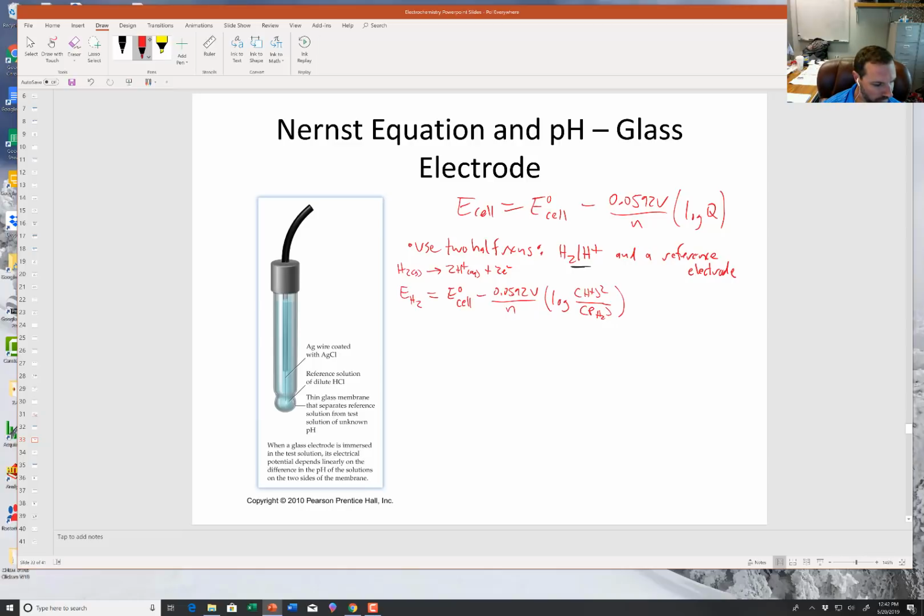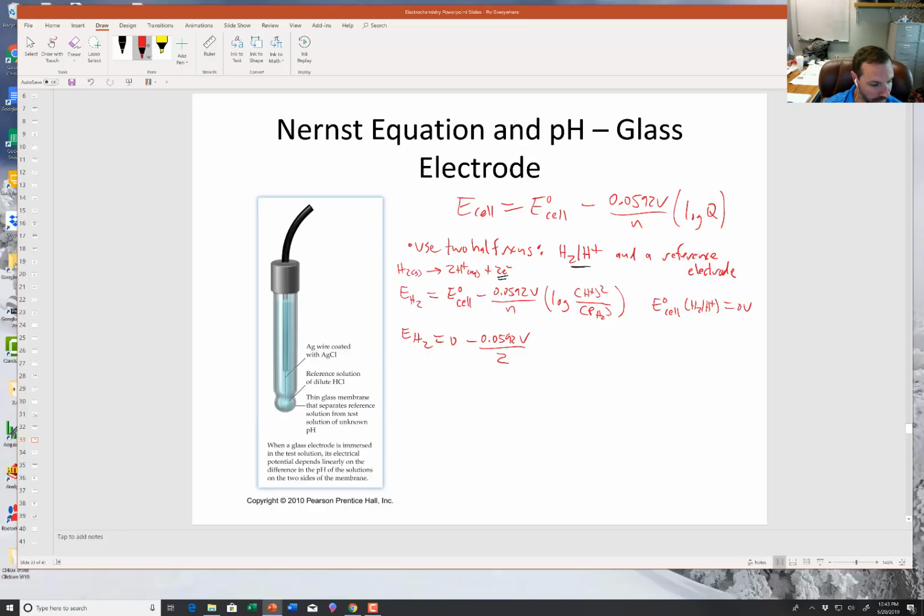And we know that E cell for the hydrogen electrode equals 0 volts. We know that from our standard reduction potentials. So either the oxidation or the reduction, we basically have identified that as 0. That's our definition. So we know then that E hydrogen equals 0 minus 0.0592 volts over 2, because we have 2 moles of electrons in that oxidation.